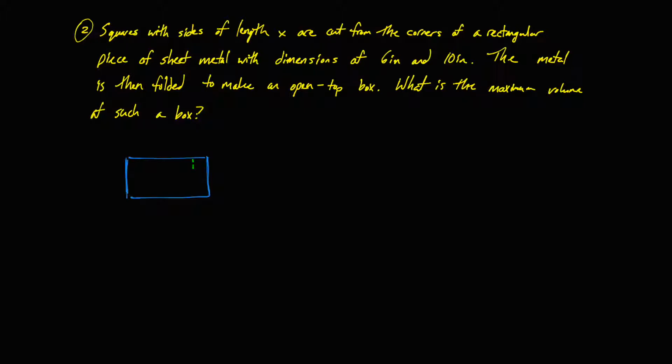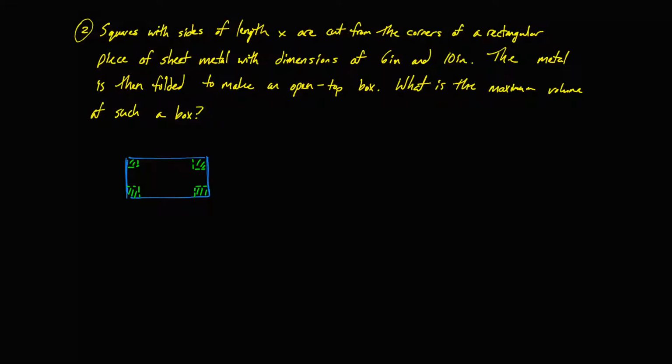We're looking to cut these corners off, because when we cut these corners out, and I'll just shade that area, you'll be left with an area you can fold up and actually form a bowl or some sort of metal cavity where you can actually have volume now rather than just an area.